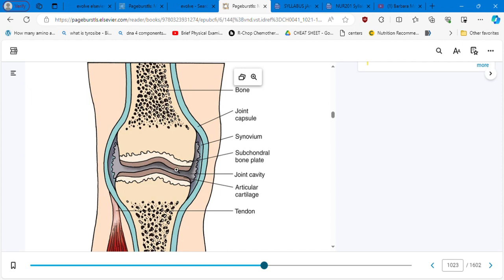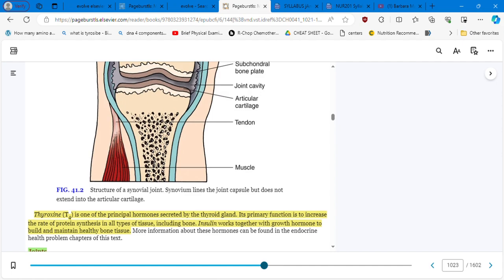And then you have the subchondral bone plate. So always below the cartilage is going to be a bone plate. And then the ones protecting those structures are the joint cavity, the synovium and the joint capsule. Okay, very good. So let's continue with that.